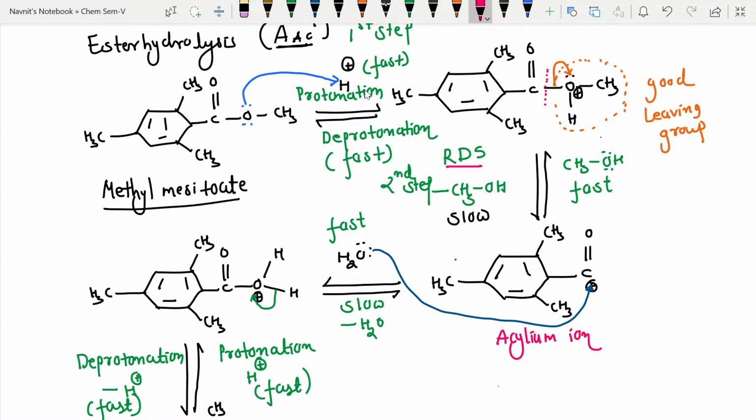If two species are involved, it is bimolecular. Molecularity is a theoretical concept: we can see the reaction mechanism and tell whether it is unimolecular or bimolecular. To determine the order of the reaction, we have to carry out the experiment.